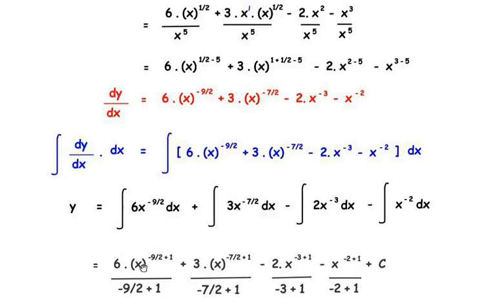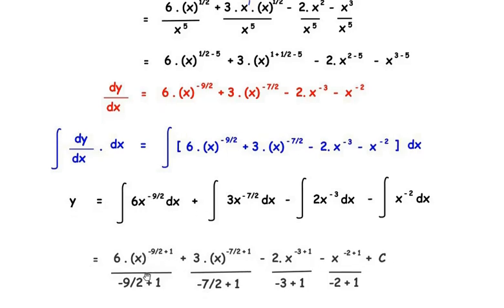So 6 times x to the power of, now x power increases by 1, giving us minus 9 over 2 plus 1, over the same power comes to the denominator, that is minus 9 over 2 plus 1, plus, now 3 is a constant, so 3 times x to the power of, now power of x increases by 1, giving us minus 7 over 2 plus 1 over minus 7 over 2 plus 1, minus 2 times x to the power of minus 3 plus 1 over minus 3 plus 1, minus, now since the constant is 1 over here, we have not written it, as default it represents 1.